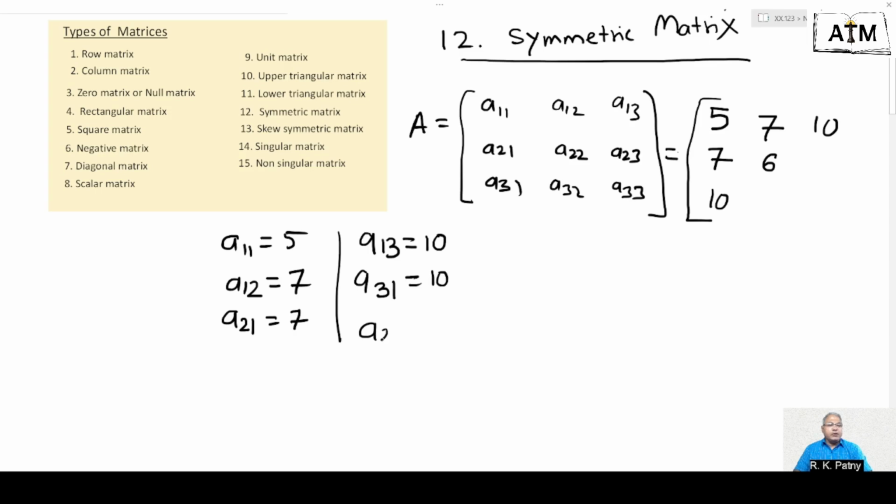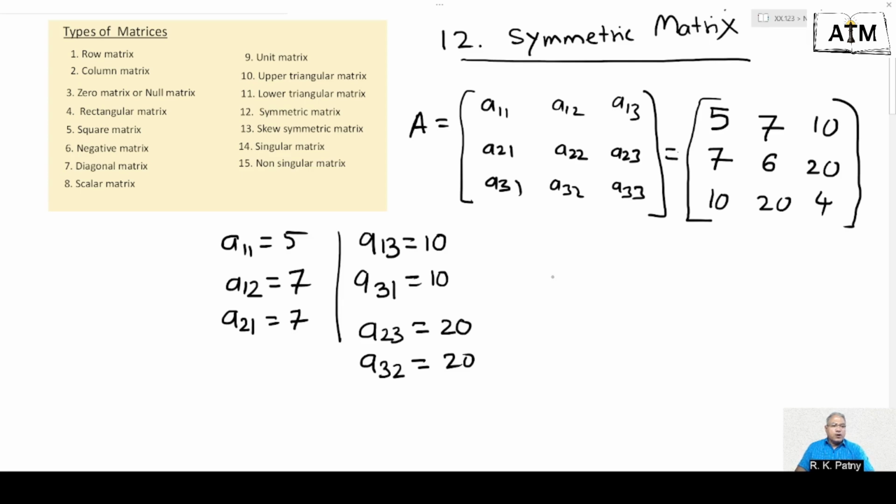Now A23, suppose 20. A23 equals 20, so I have written 20 here. Then what is the reverse of 2 3? That is 3 2. So A32 is also 20. Where is the 3 2? 3 2 is here. And whatever you wish to write here can be any element.